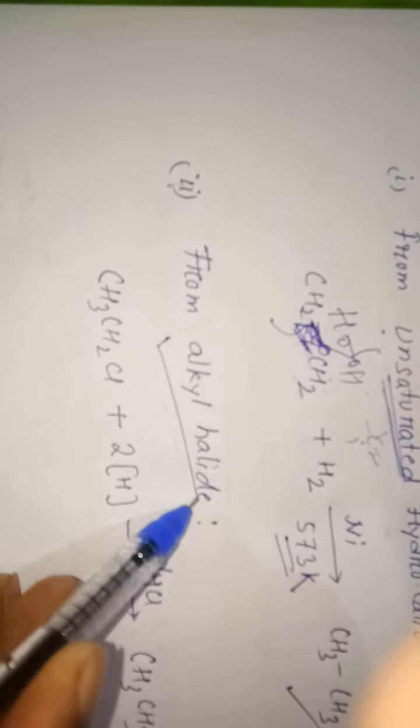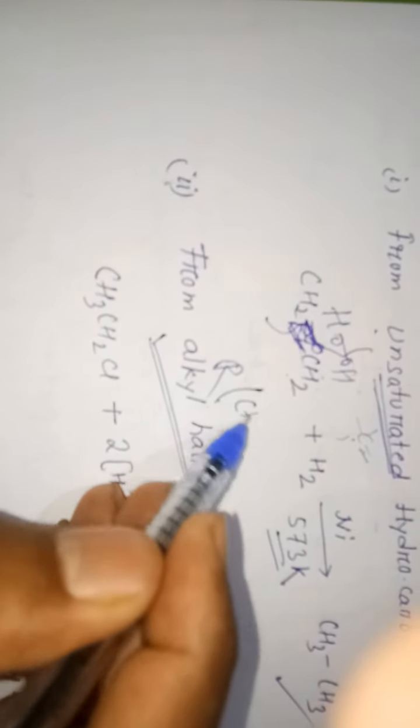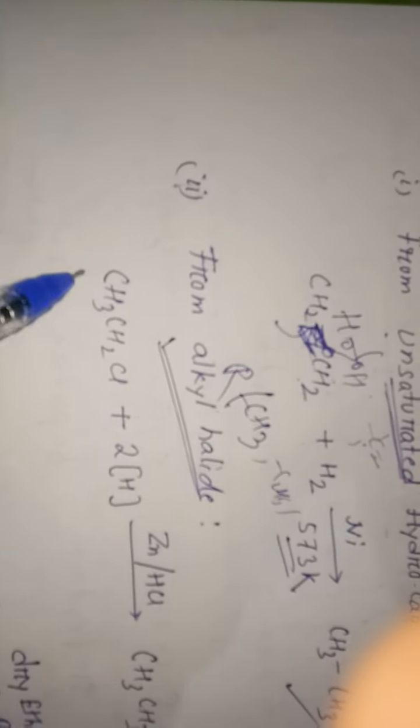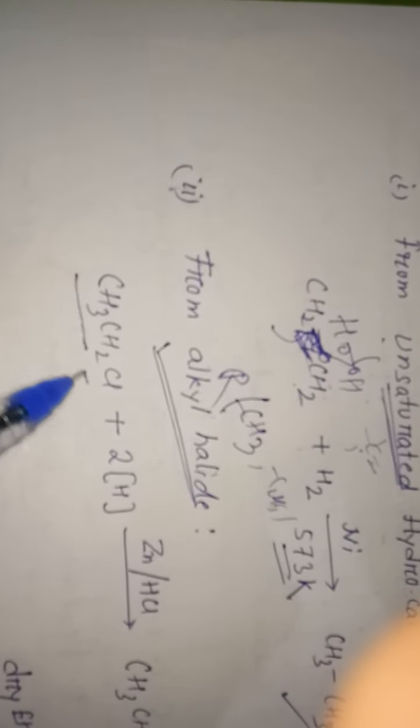Now from alkyl halide. The term is alkyl halide. Alkyl is something we represent as R. The alkyl group has one hydrogen atom less than the normal alkane. This is CH3 or C2H5. So CH3Cl links with hydrogen.